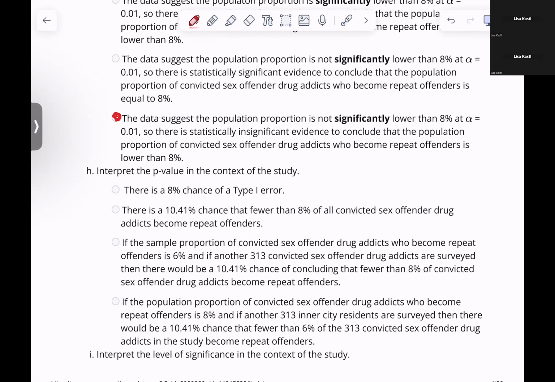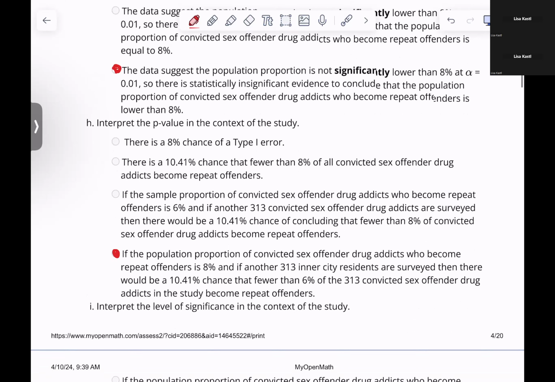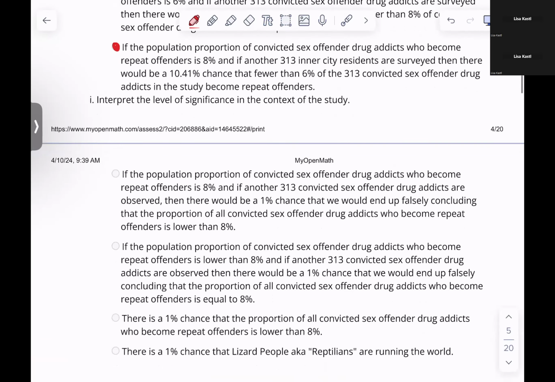Okay, so which one is this? It's not the first two, they're too short. Was it the last one? How did you pick the last one? Population proportion. There you go. Interpret the level of significance in the context of this problem. There's only one it can be.